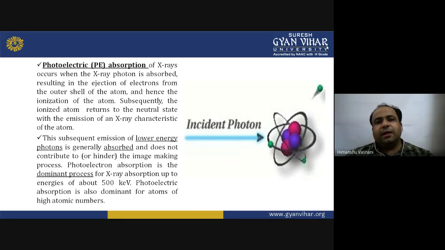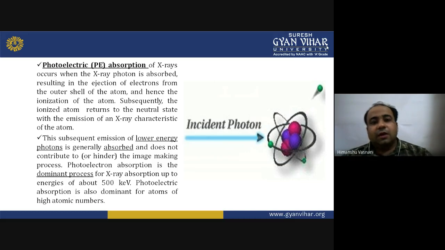Now, photoelectric absorption of X-rays occurs when an X-ray photon is absorbed, resulting in the ejection of electrons from the outer shell of the atom and hence the ionization of the atom. Subsequently, the ionized atom returns to the neutral state with the emission of X-rays characteristic of the atom.